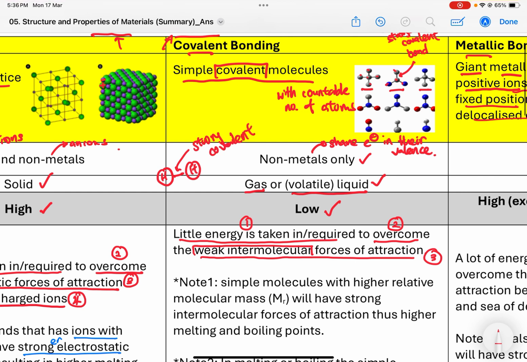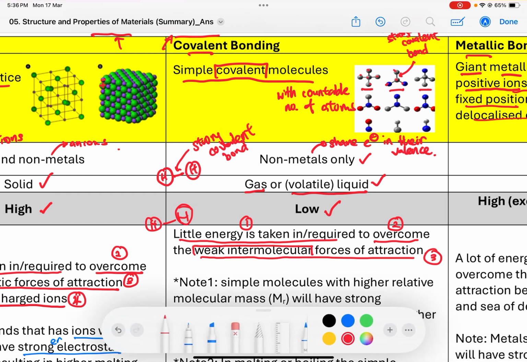Now, when I'm trying to melt or boil hydrogen, I'm not trying to break the strong covalent bond. What I'm trying to do is, between molecule 1 and molecule 2, there are these two molecules. Between these two molecules, there's this blue color force of attraction. This is my weak intermolecular force of attraction.